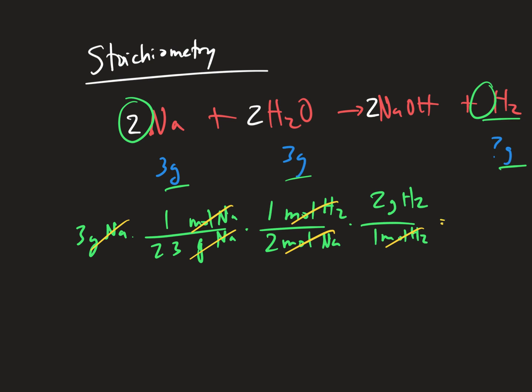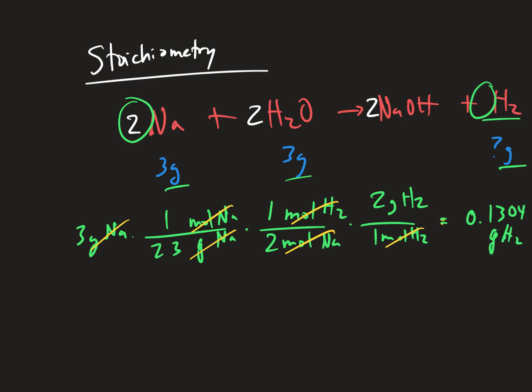What is it? 3 divide 23 divide 2 multiply 2 is a tiny number. Somebody. Nobody? Zero point 1304. I'm not going to round till the end. Grams of H2. Are you with me?